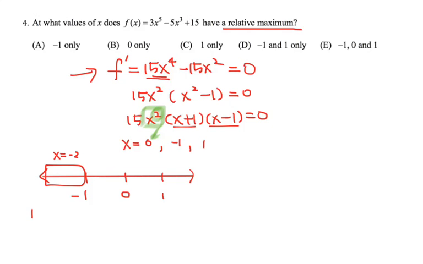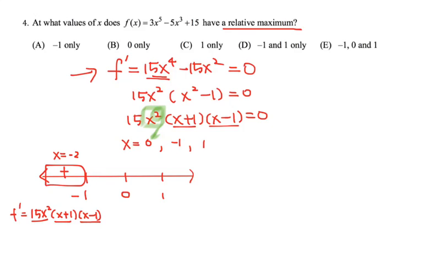Then we get 15x squared, x plus 1, and x minus 1. That's another way for us to describe the first derivative here, if you remember. Then plug in negative 2: this will always be positive, this one is negative, this one is negative. So therefore, we know that the sign here becomes positive.